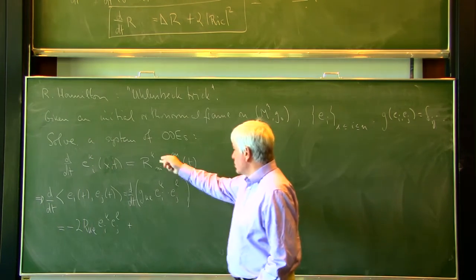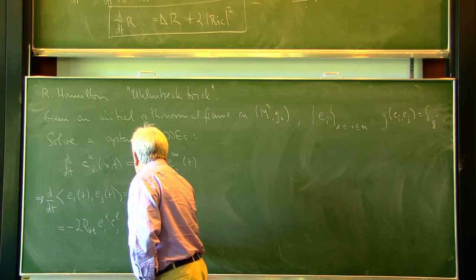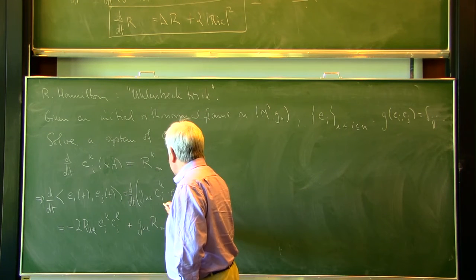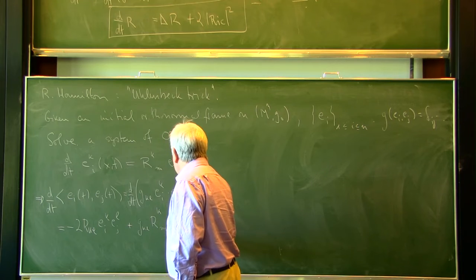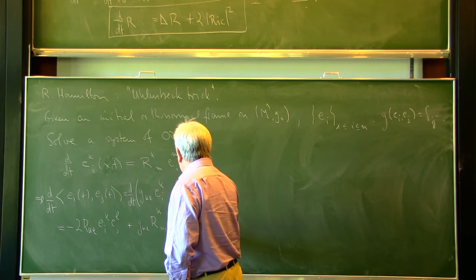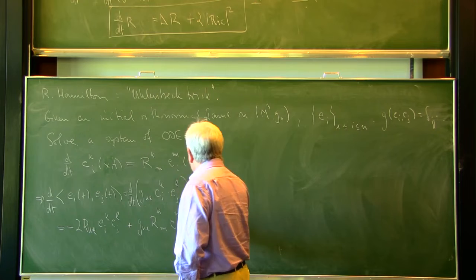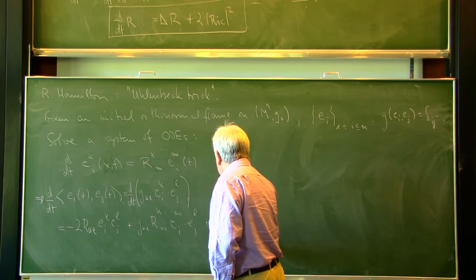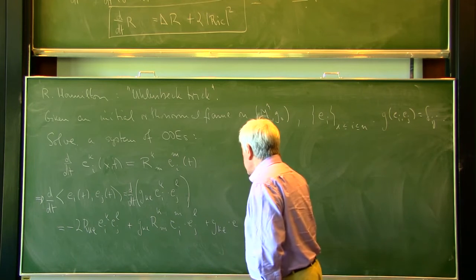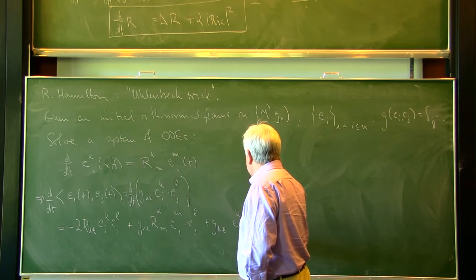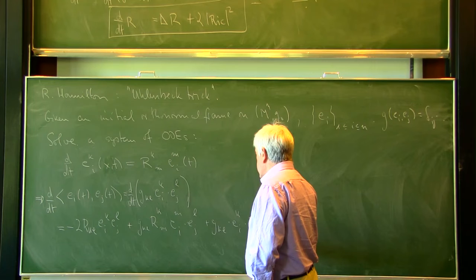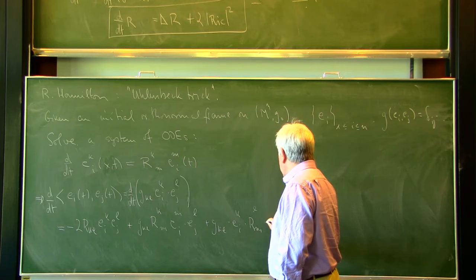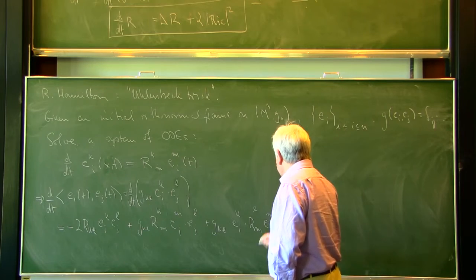and from here you get the Ricci flow, so you get R_kl times e_i^k e_j^l, but from here you insert the formula, so you get g_kl times R^k_m e_i^m times e_j^l, and then you get from this term here plus g_kl times e_i^k times R^l_m times e_j^m.